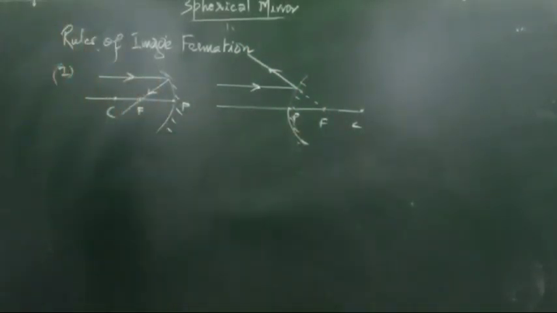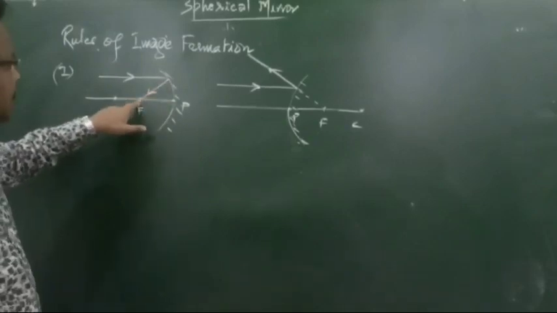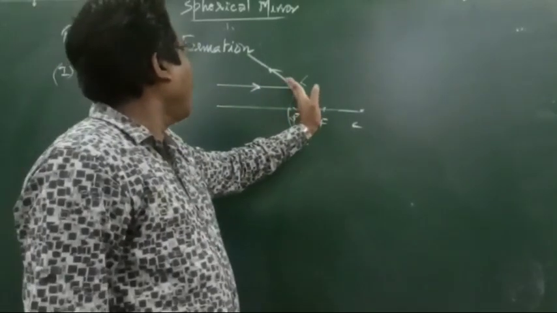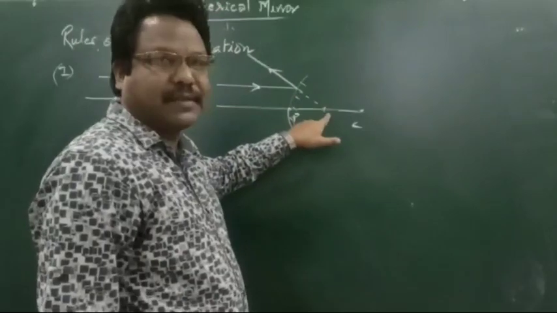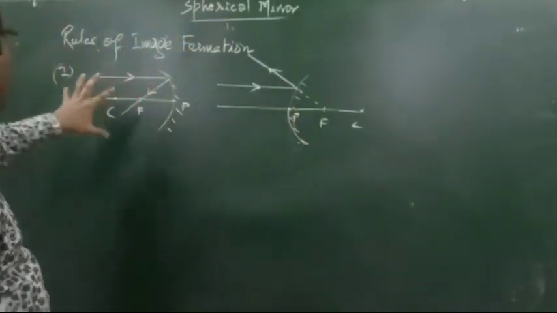So the first rule is what? What is the first rule? If a ray is incident parallel to the principal axis, then after reflection, the ray is either passing through the focus or the rays appear to diverge from the focus. Are you getting it there?